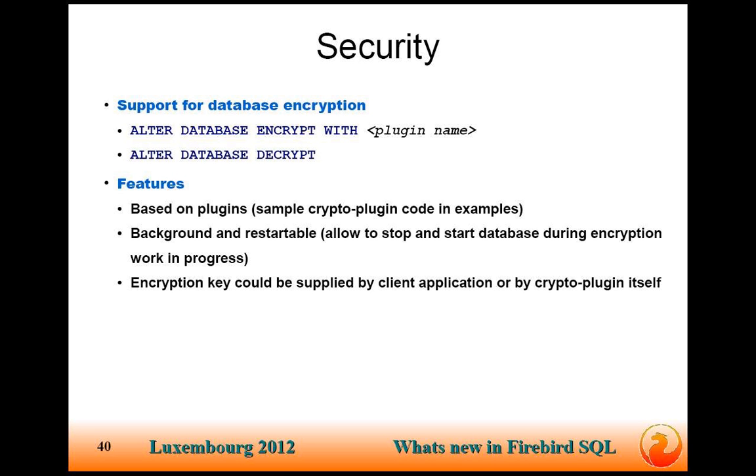In this case, it's very logical that only the application knows where the key is placed, and when the application which is distributed with the database is run, it can supply this encryption key to the database.